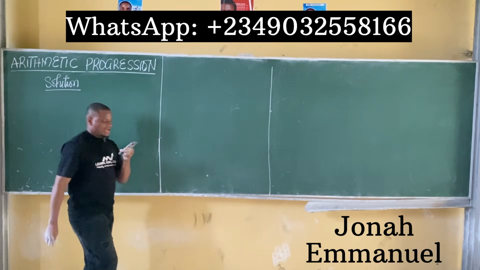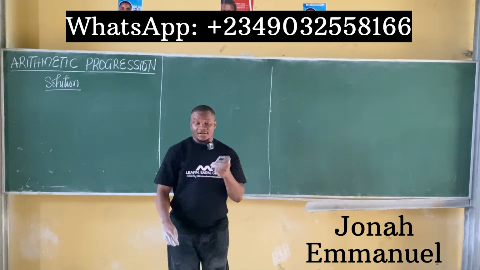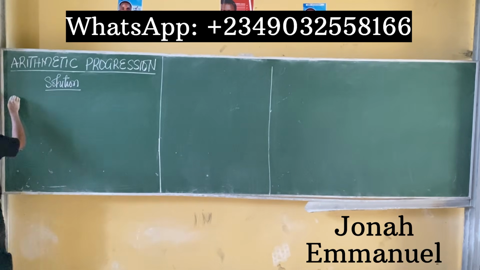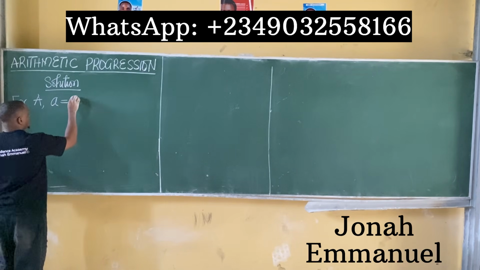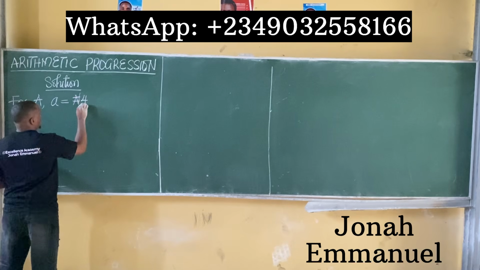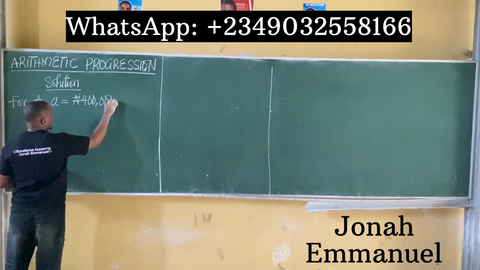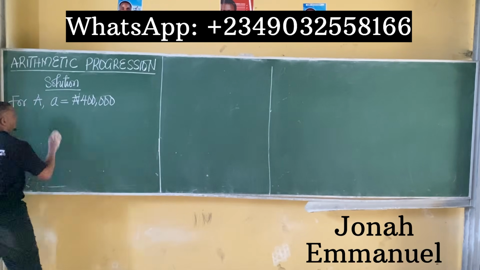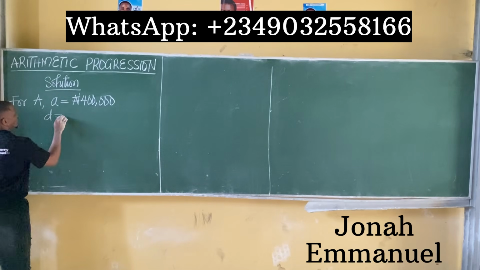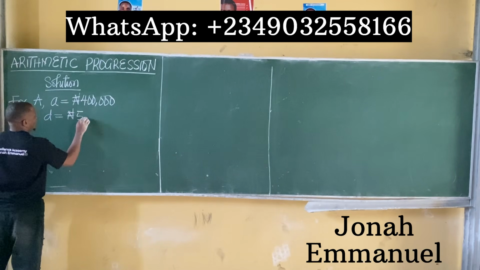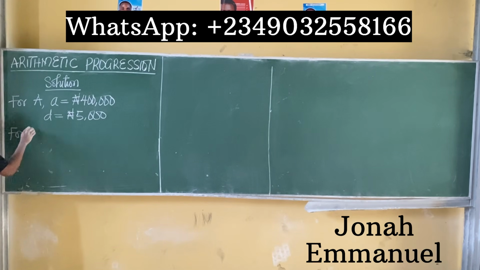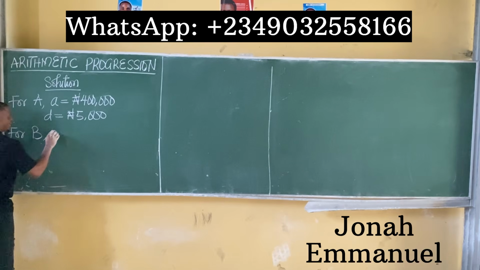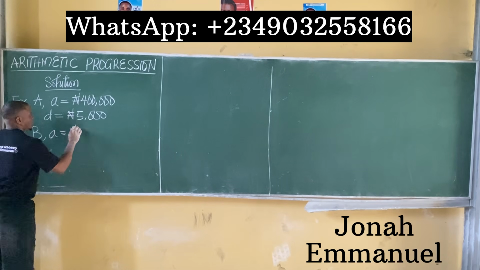So you have man A and man B. Let's start with man A. For man A, the salary he earns, a, is equal to 400,000 naira, and the annual increment, that's the difference, d, is equal to 5,000 naira. For man B, his salary, a, is 500,000 naira.